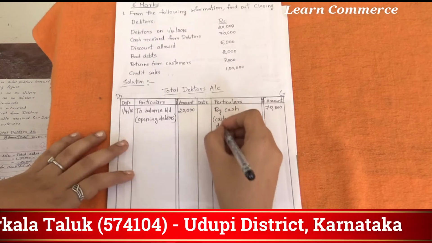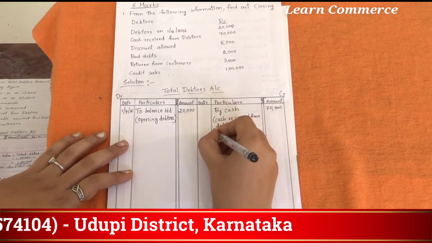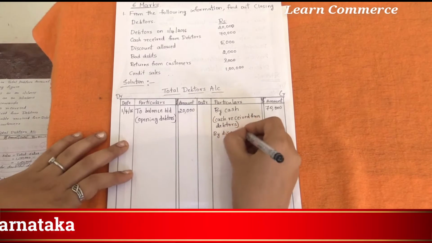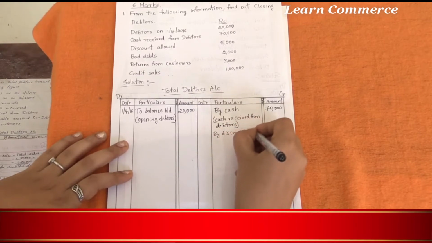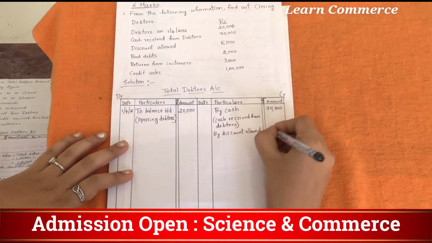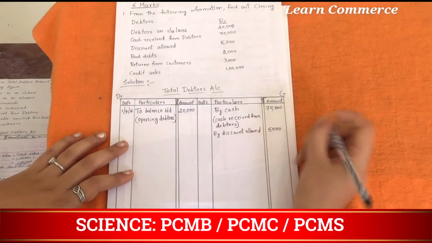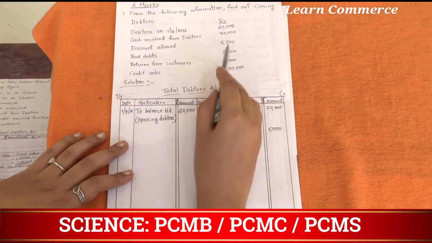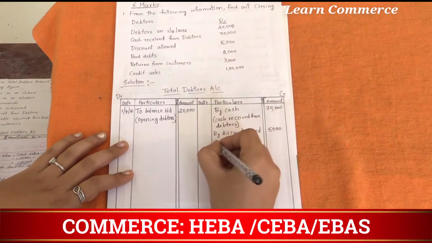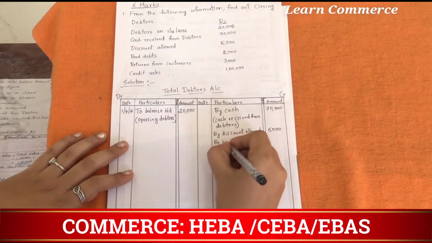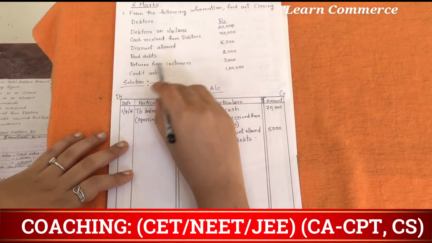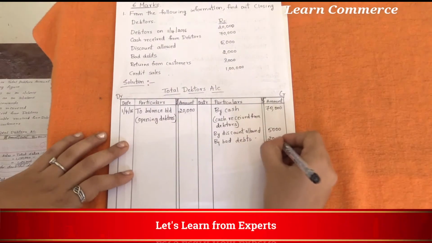This one also we have to record on the credit side, that is by discount allowed. How much rupees? Discount allowed is 5,000 rupees. Okay. Then bad debts 2,000. This one also we should record on the credit side, that is by bad debts. How much amount? 2,000 rupees.